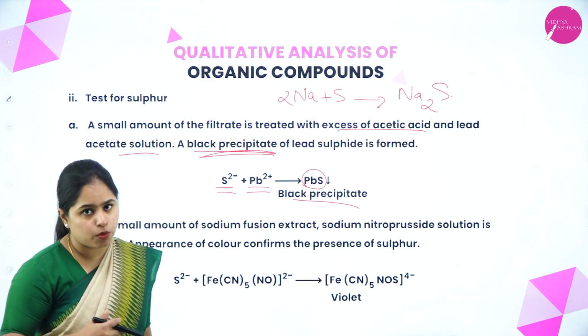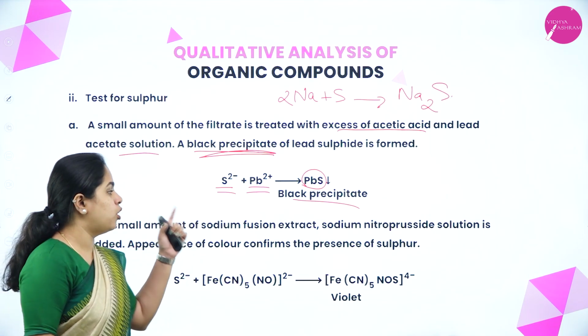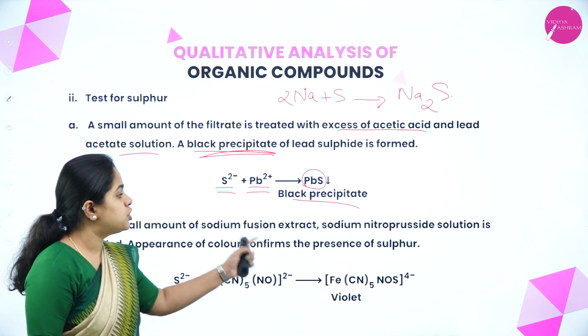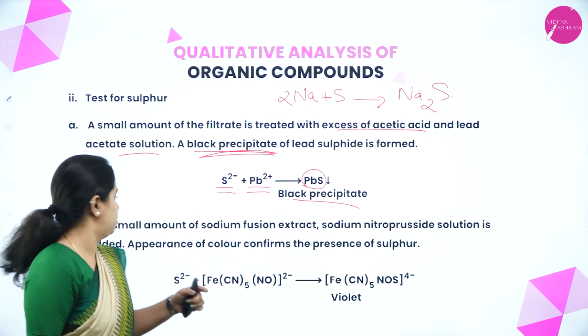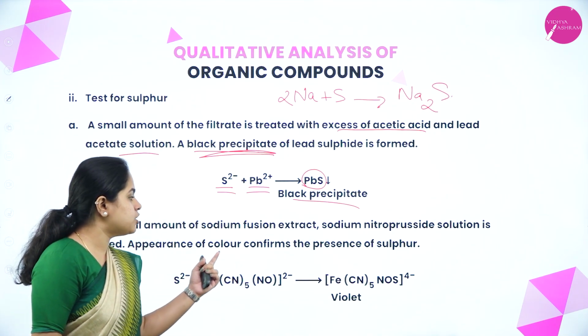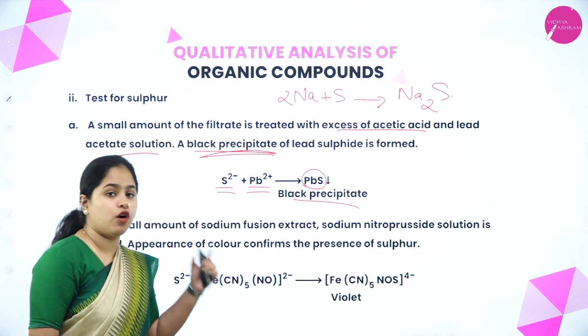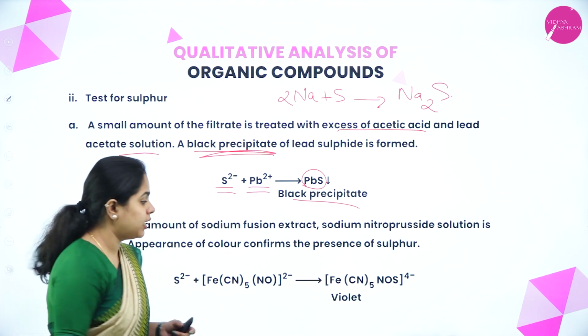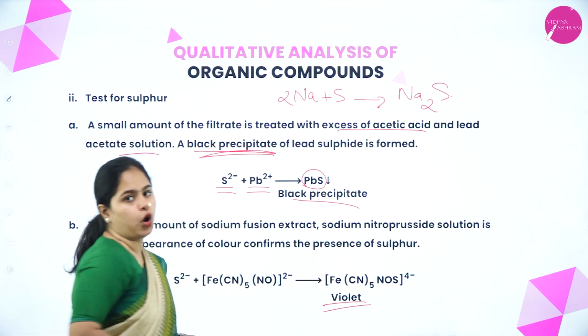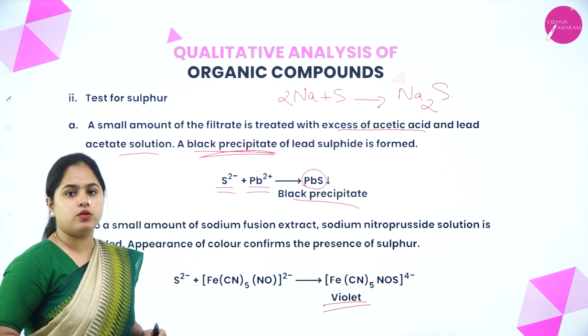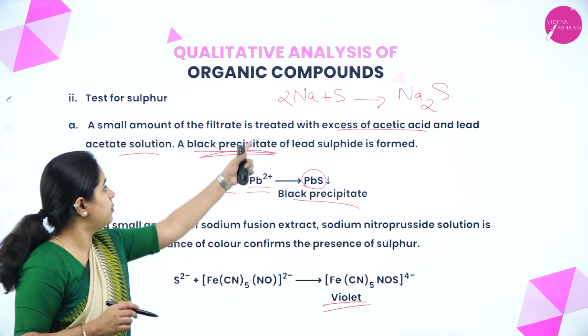I said there is one more test, that is to a small amount of sodium fusion extract, sodium nitroprusside solution is added, and appearance of color confirms the presence of sulfur. What color? A violet color will be obtained. The sodium fusion extract contains sodium sulfide.